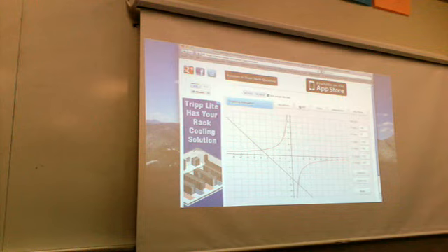So finding solutions means solutions at the intersection of the graph. We can have two solutions, which means we have a butterfly and a line hits it twice.